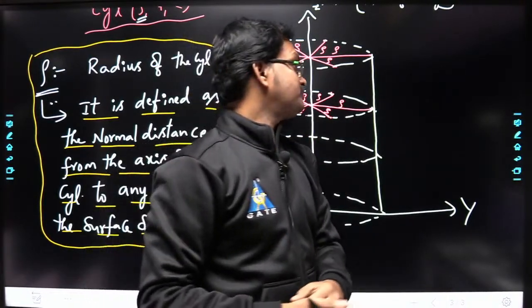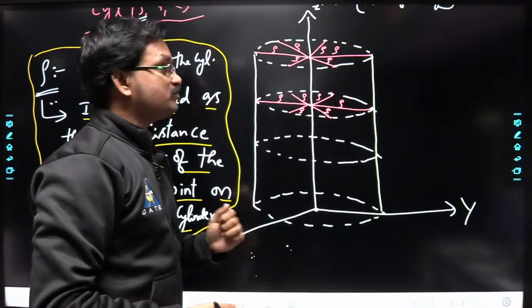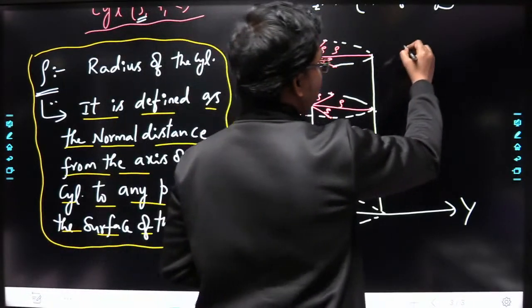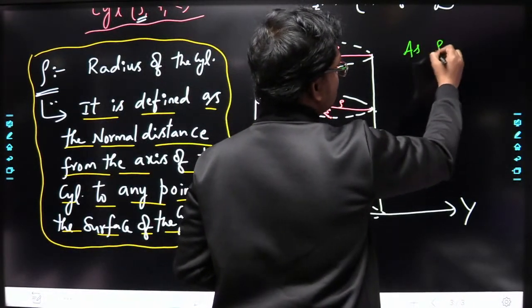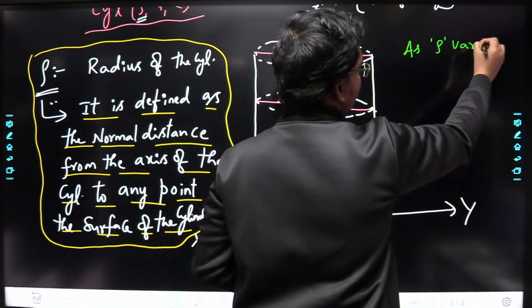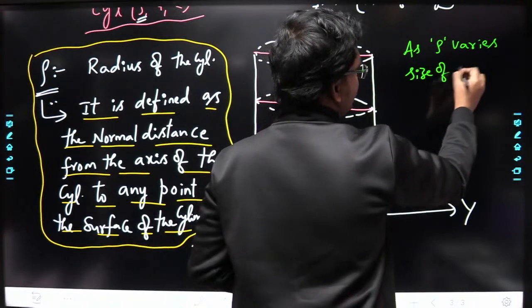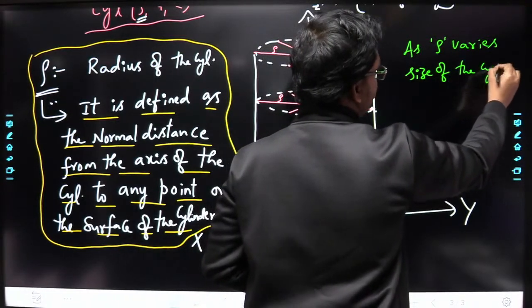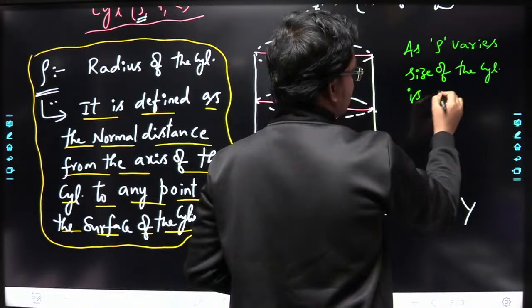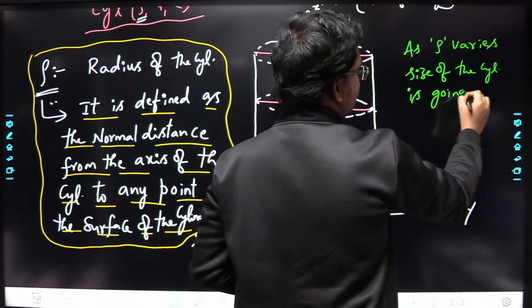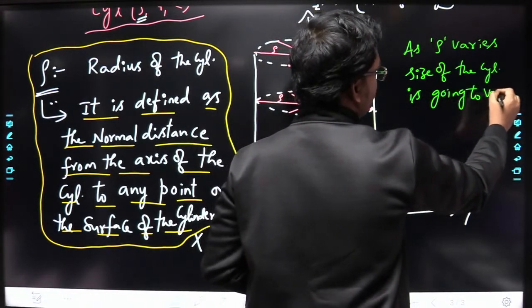Understood? I hope this point is clear here. So you can write that point here. As rho varies, the size of the cylinder is going to vary.